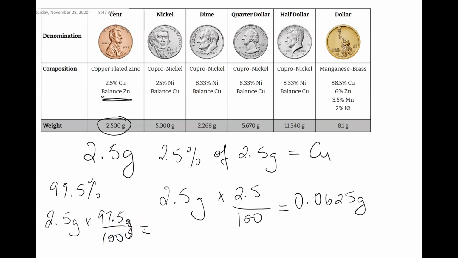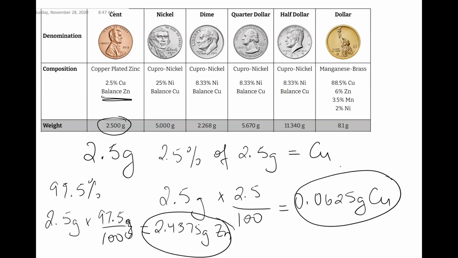So basically it's 2.5 minus the 0.0625, which comes out to 2.4375 grams zinc. So that much is zinc and this much is copper.